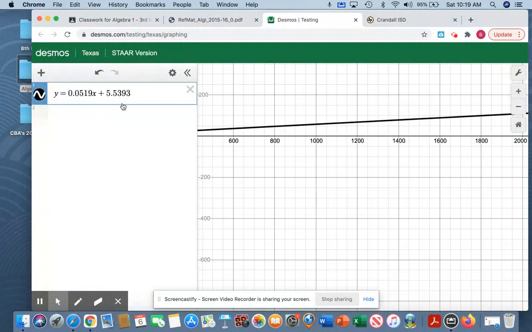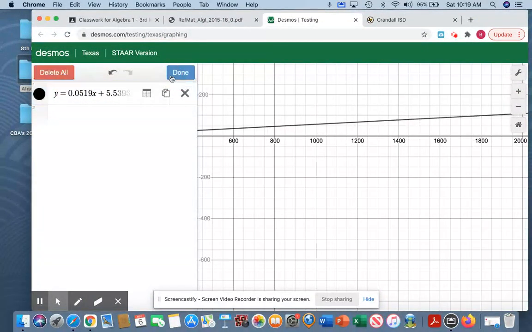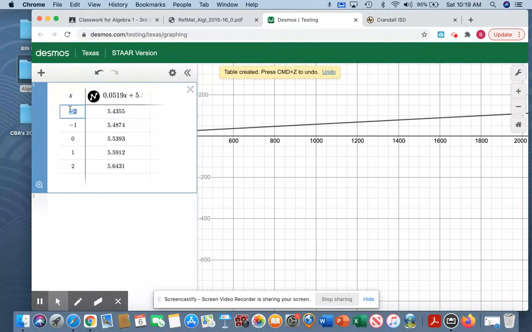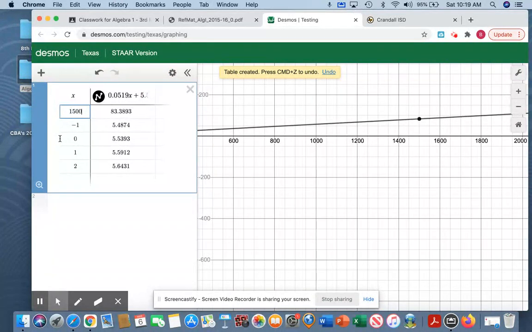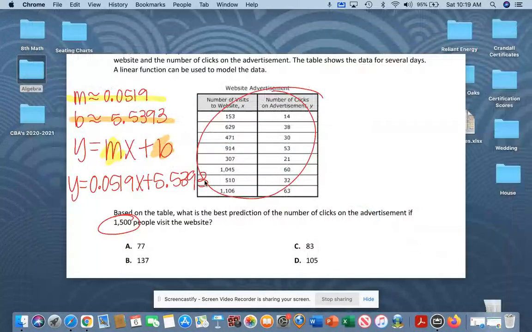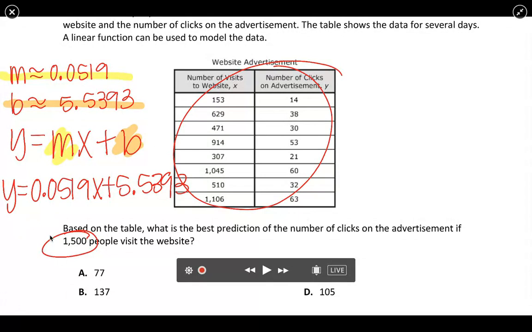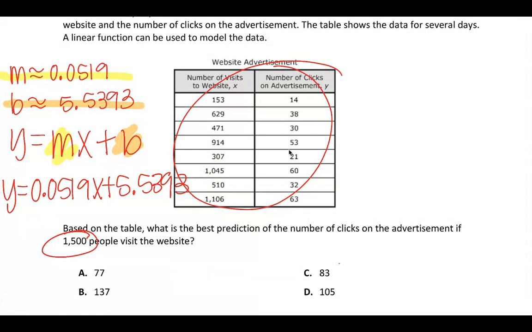Or again, you could turn it into a table. So settings, table, and I can plug in whatever I want, and I want 1,500. And when I do that, it tells me exactly it's 83.3, blah, blah. So our answer is answer choice C.